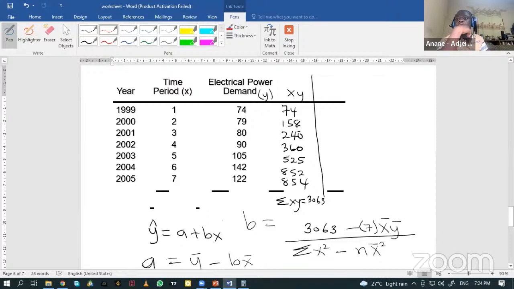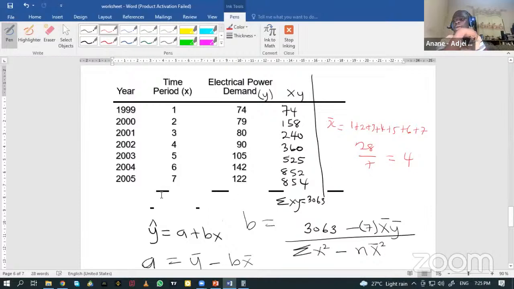So to find x bar is to add all these figures. So it's going to be 1 plus 2 plus 3 plus 4 plus 5 plus 6 plus 7. And what will be the figure? 28. So 28 divided by 7 gives us 4. Good.